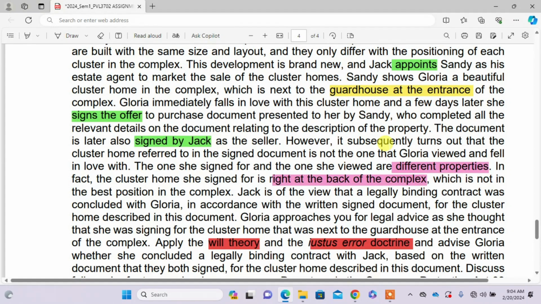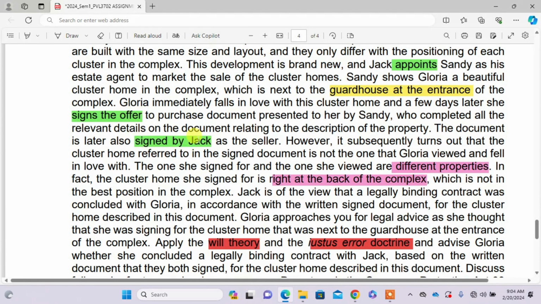If we apply that definition here, we can see there's a Jack who signed the document and a Gloria who signed the document, and the document is about the selling of a cluster home, which is marketed by Sandy, but the person selling it is Jack, selling to Gloria. So in that definition of a contract, there is an agreement that was concluded to create a legal obligation by Gloria and Jack.